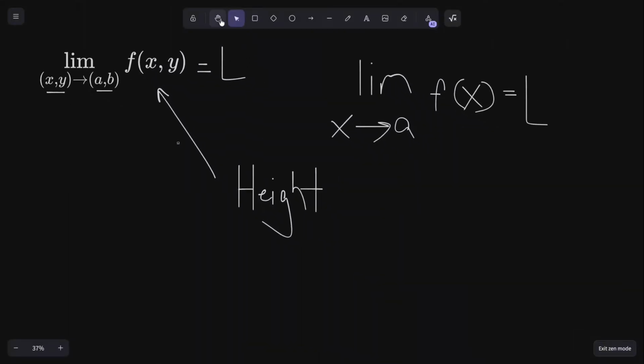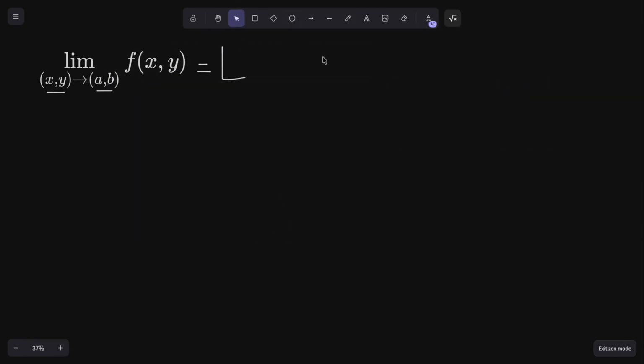All right. So properties of these limits are very, very similar to the properties of what you might have seen in regular calculus. So the limit of a sum or a difference. If I have the limit as x comma y approaches a comma b of f of x comma y plus or minus g of x comma y, that's just going to be equal to the limit of f approaching that point plus or minus the limit of g approaching that point.